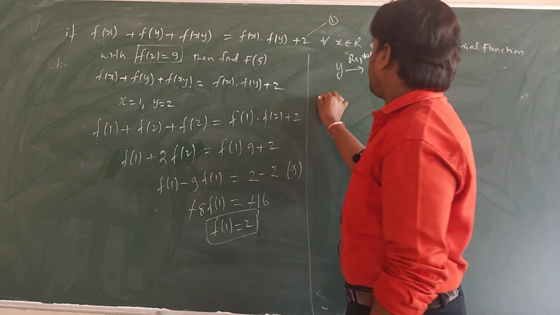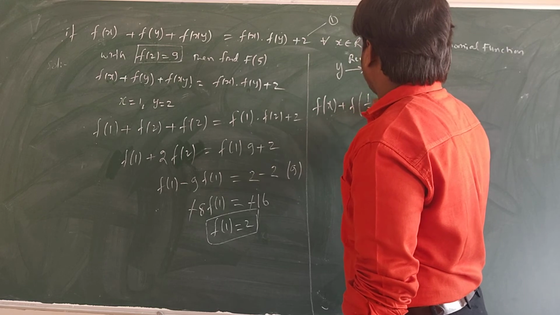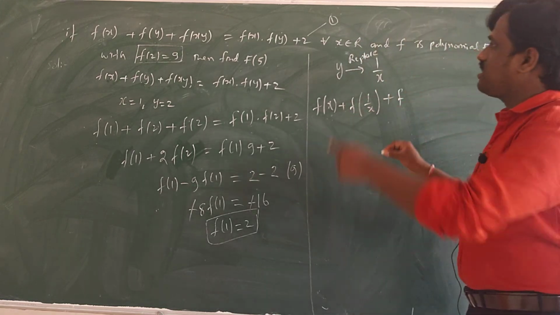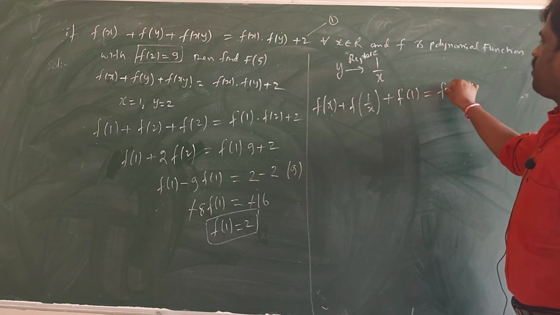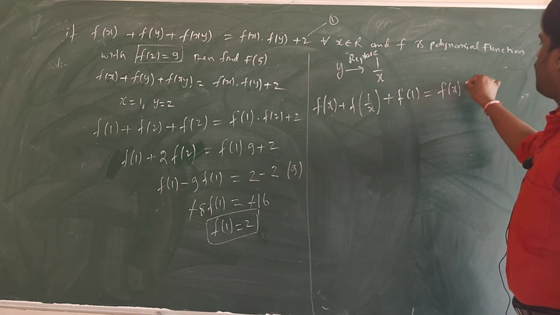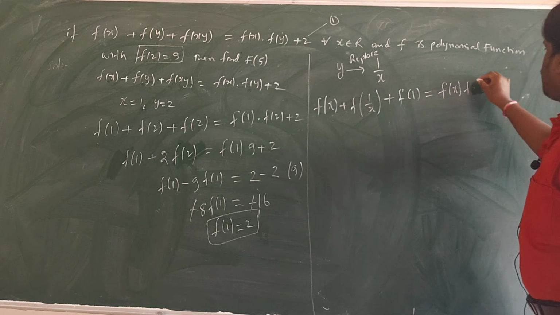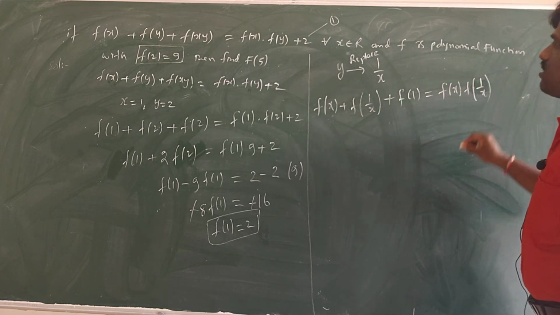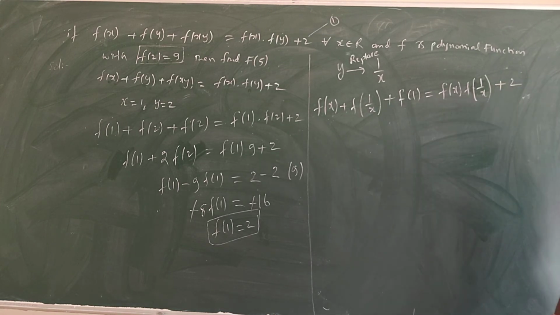So what I get here: f of x plus f of 1 by x plus f of x into 1 by x, cancel f of 1, is equal to f of x into f of 1. The y value is 1 by x, sorry. F of 1 by x, correct? Plus 2 I get.